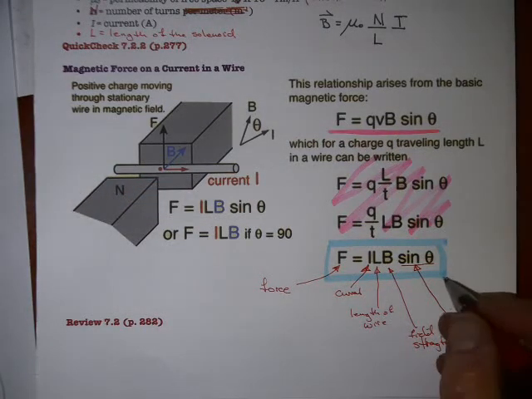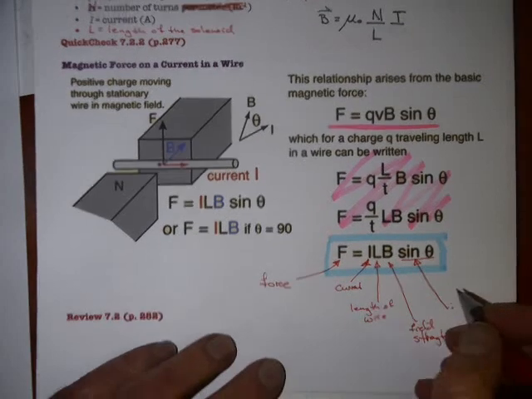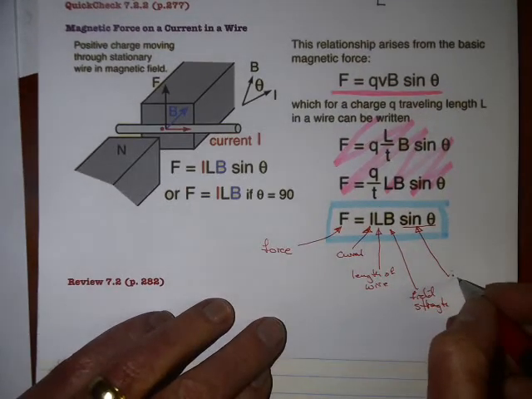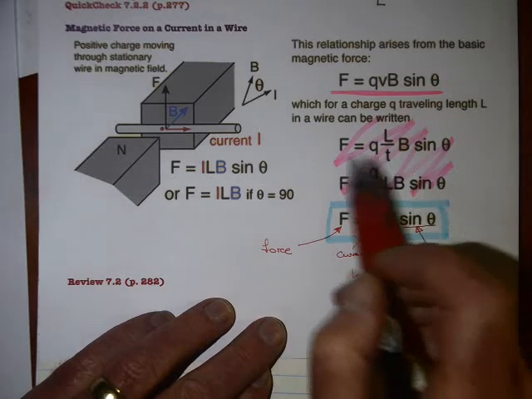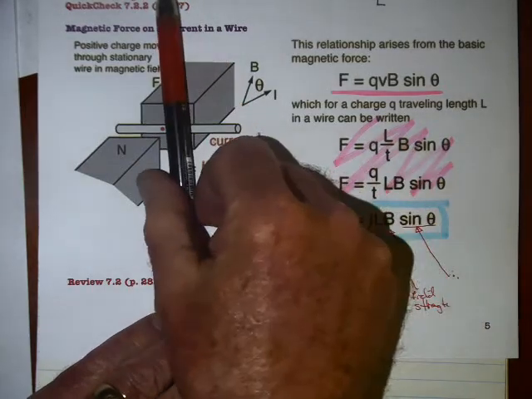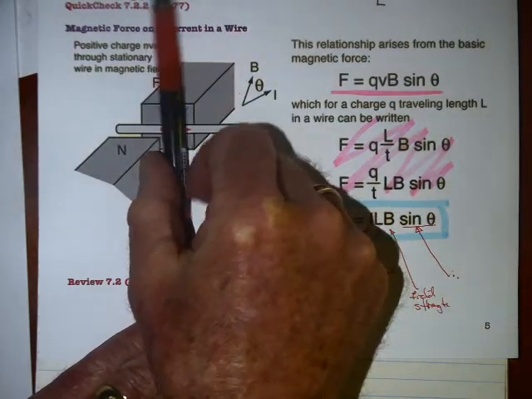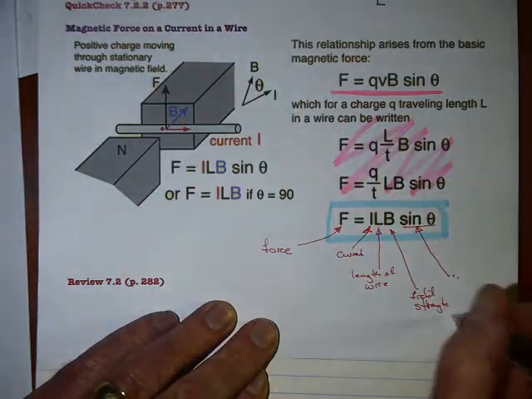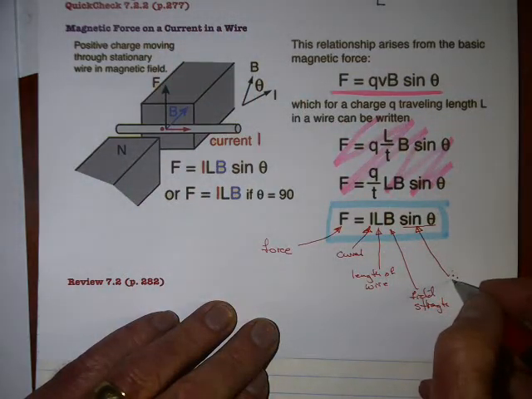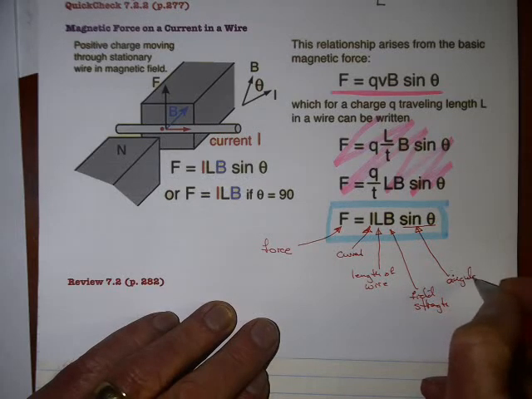If you have the wire at an angle, this will tell you which way the force is going to change. It's going to change it in some angular direction.